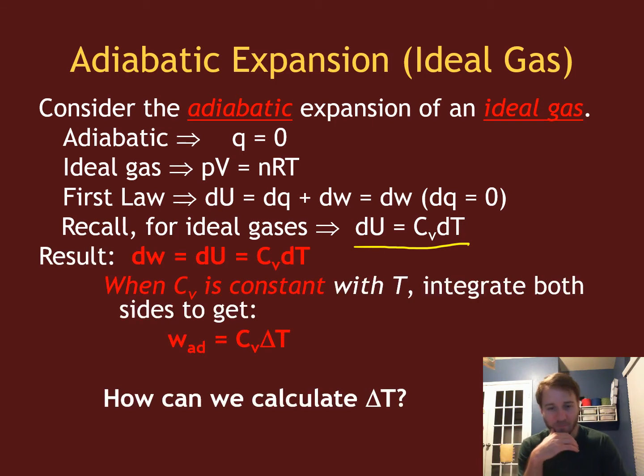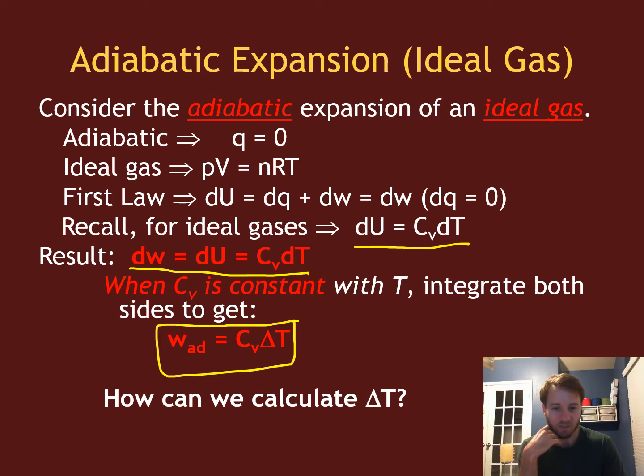And so what that means is dW is equal to dU, which equals CV dT. So for a constant volume heat capacity that is constant, the adiabatic work done is just given by CV delta T, which is equal to the change in internal energy.